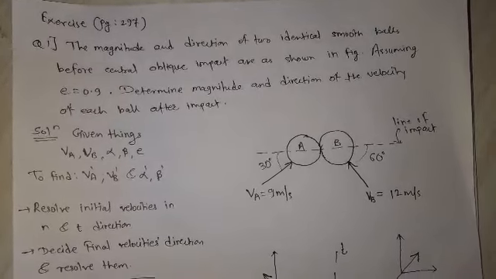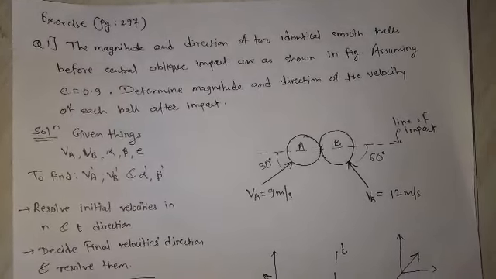Now if you draw a velocity diagram for the velocities after impact, first what we need to do is resolve the initial and the final velocities. Now we'll consider this direction as our n direction, and this direction as our t direction.